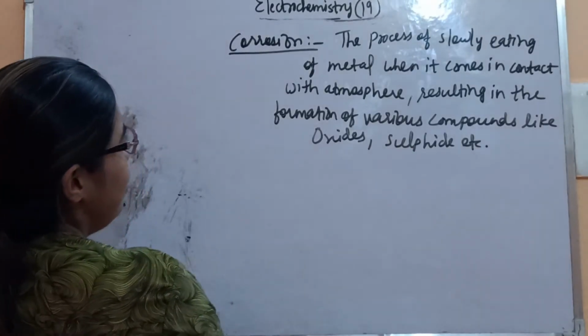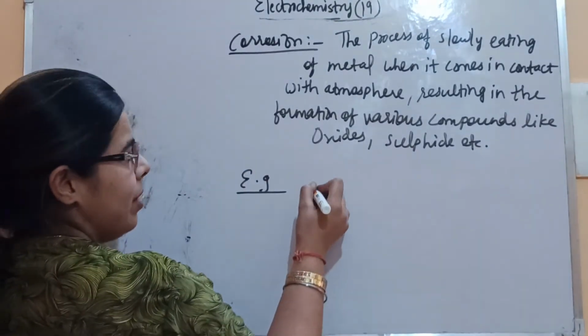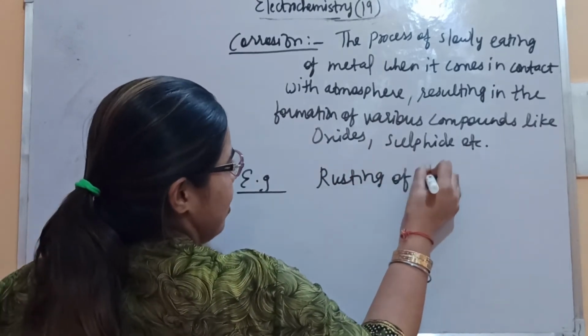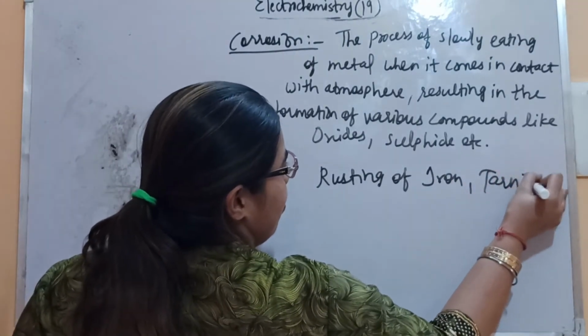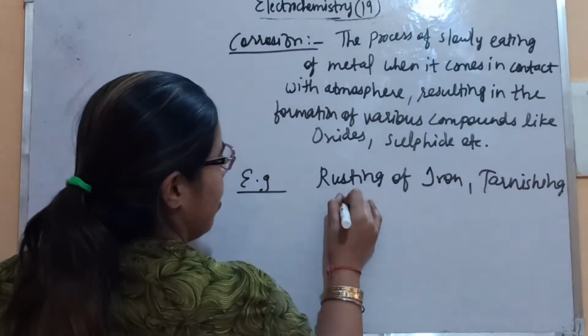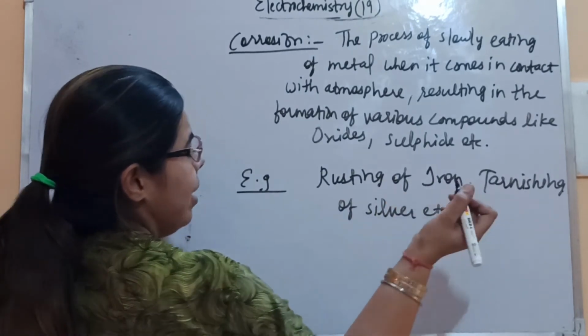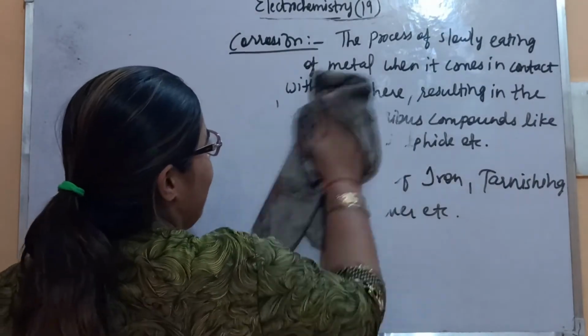Generally, the example we take in electrochemistry is the rusting of iron. Other examples are tarnishing of silver, the green coating on copper, and so on, all examples of corrosion. Let's see the rusting of iron, as it is an electrochemical phenomenon.